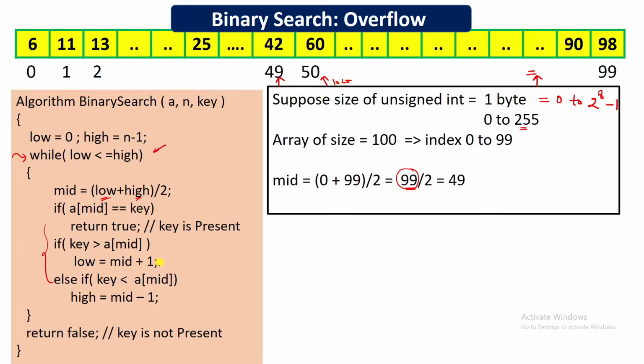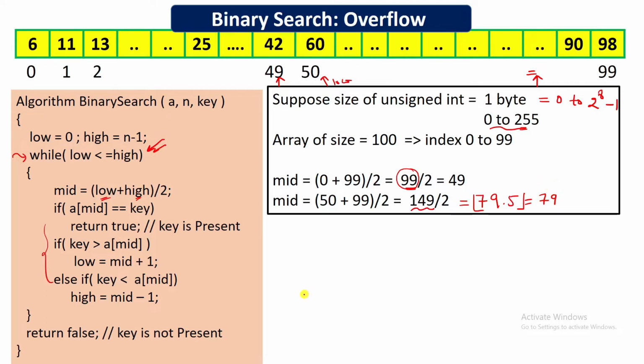Now in the next run of this code, you will add 50 plus 99, divided by 2. 50 plus 99 will give me 149. So 149 is again within this range, so everything is fine. 149 divided by 2 will give me 74.5, and I am taking the floor, so it will give me 74. Everything is fine here, so there is no overflow type of problem here.